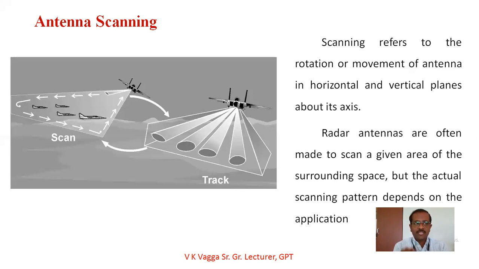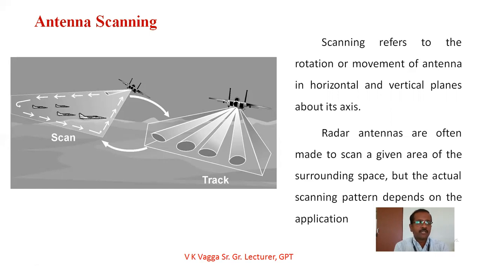In this case, the actual meaning of scanning is searching. The technical meaning is nothing but the rotation of the antenna in the horizontal line and the vertical planes about its axis, and it can cover the entire area of the plane. Understood? This is called antenna scanning. Understood this one?